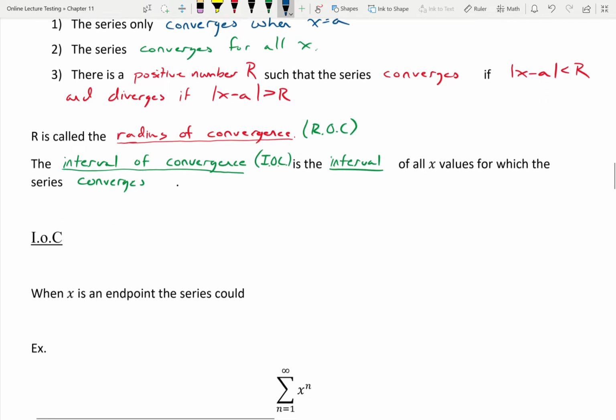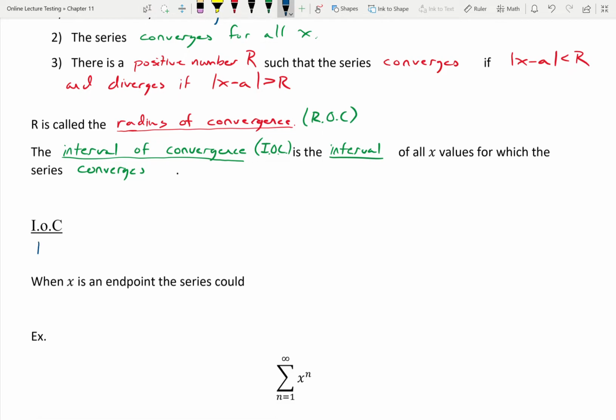All right. So again, for the interval of convergence you take x minus a is less than r, and then we make this become a minus r is less than x, which is less than a plus r. So it's finding out what happens with these inequalities here. Do they remain strict, or do we have equality happen at those endpoints?